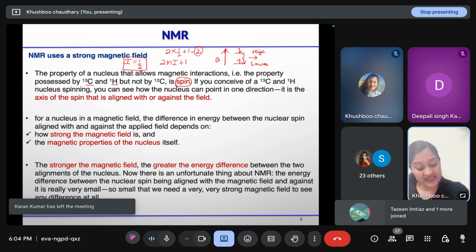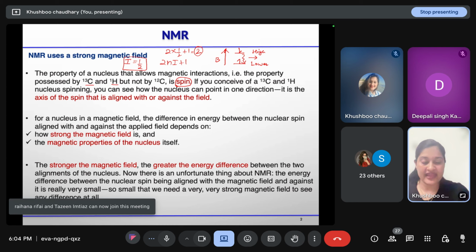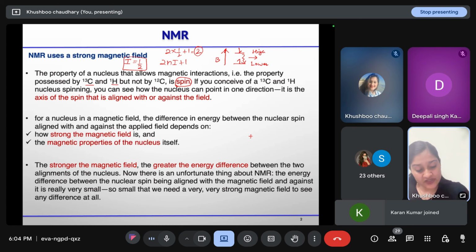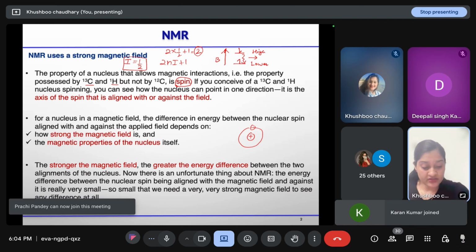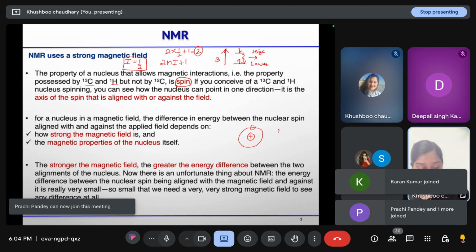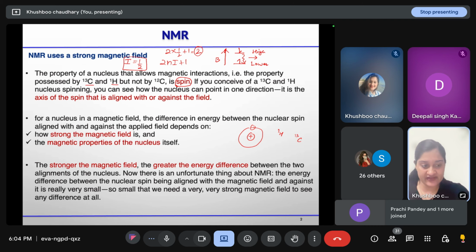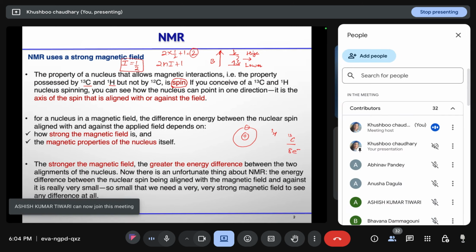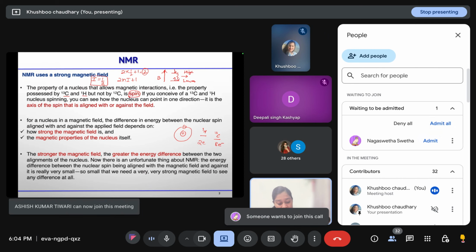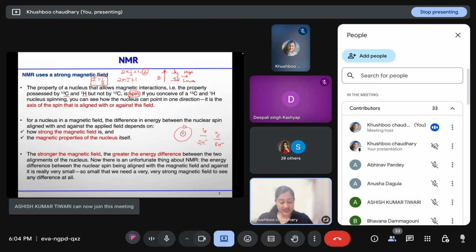Magnetic properties means every atom has a nucleus that is surrounded by electrons. In hydrogen we have one electron, and in carbon, if we consider the fully filled configuration, it has 8 electrons.